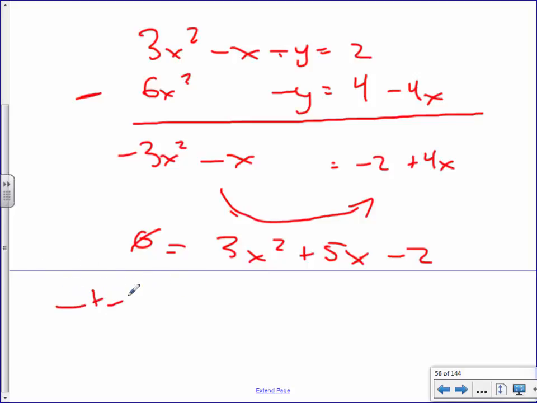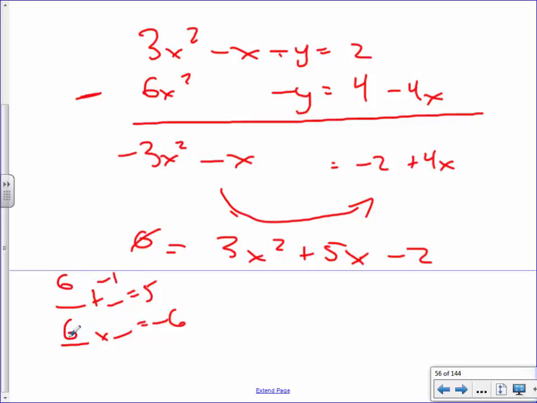You could use the quadratic formula. You're looking for numbers that add to give 5. You're looking for numbers that multiply to give that 3 times the minus 2, so minus 6. Negative 1 and 6? No. Negative 6 and plus 1. Is that what you said? No. Plus 6, negative 1. Okay, good. I'm wrong then.